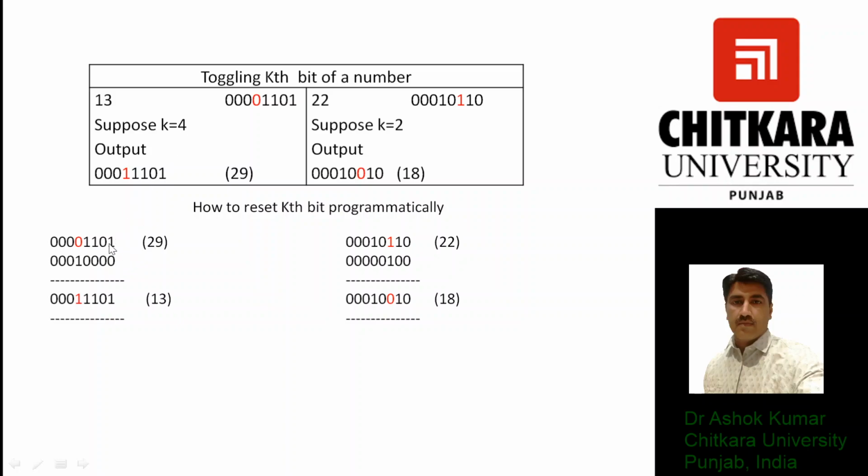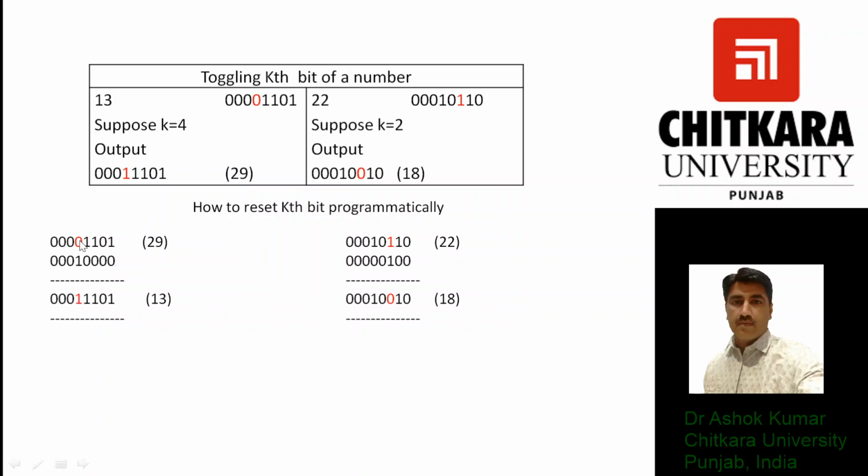If k is 4, we will XOR 13, or the binary equivalent of 13, with 2 raised to power 4, that is 16. This is the number 16 that I have shown in this slide. When you XOR these two binary numbers, you will get this result.